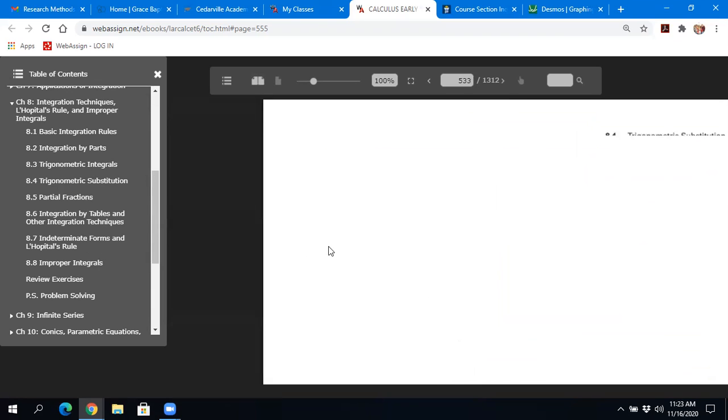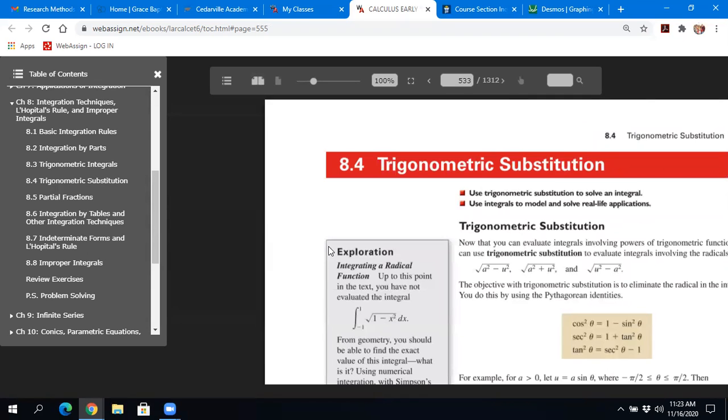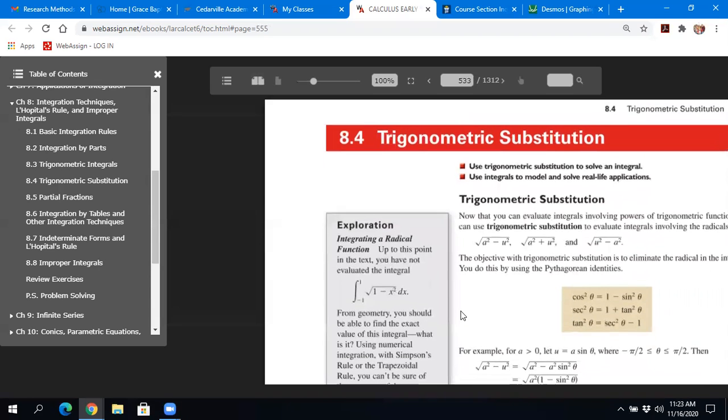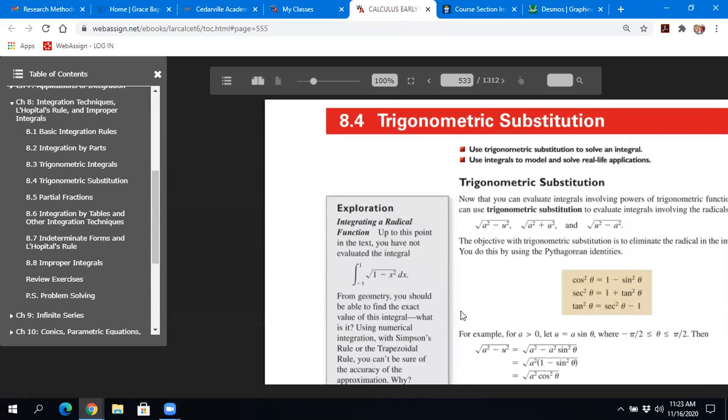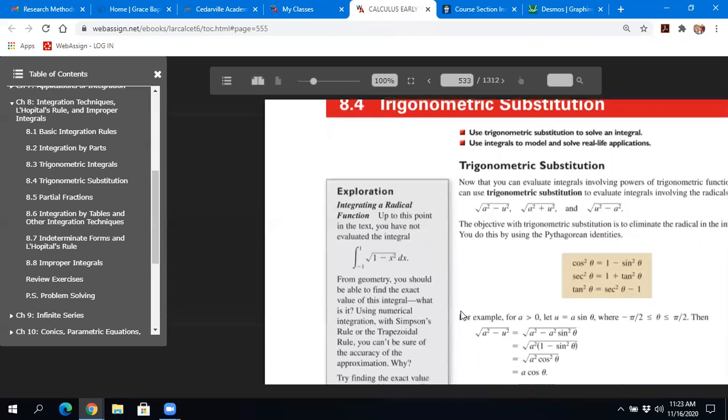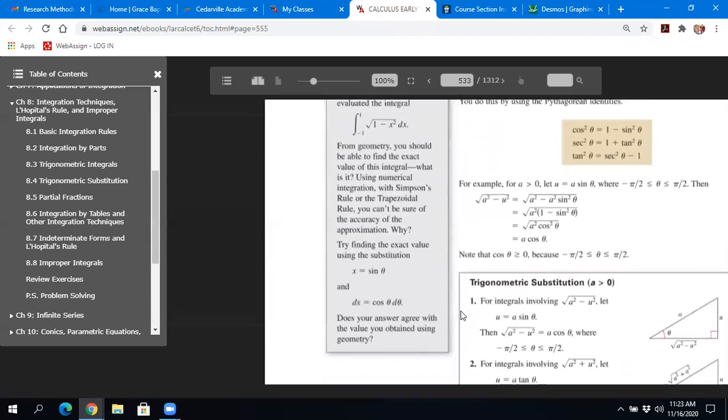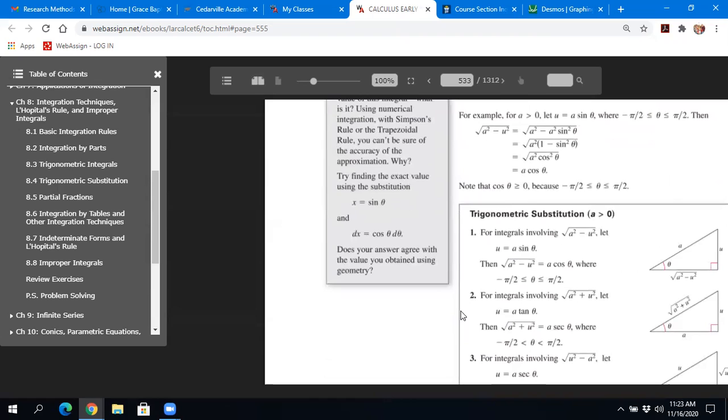Trig substitution, that was the one that typically gives students the most trouble. Basically, all we're doing is using the Pythagorean identities for sine, cosine, secant, and tangent to make an integral a little bit more complicated at first by introducing sines and cosines, secants, and tangents.